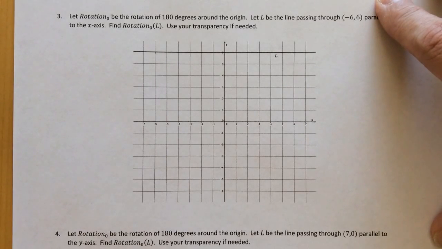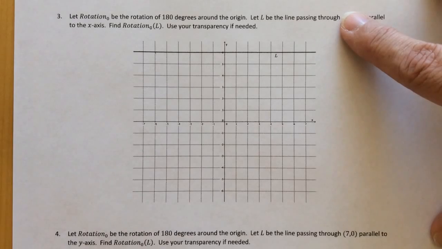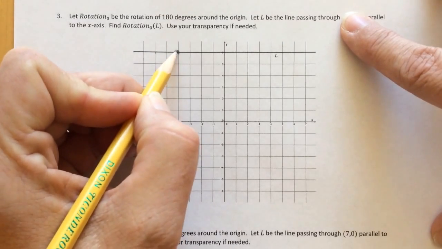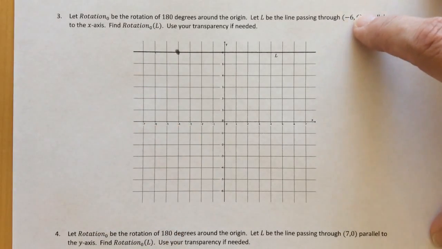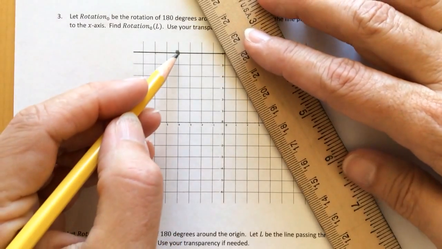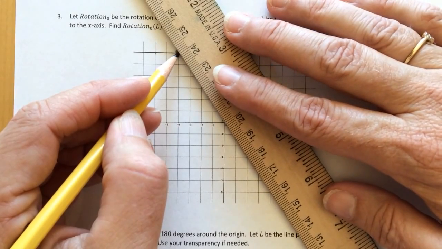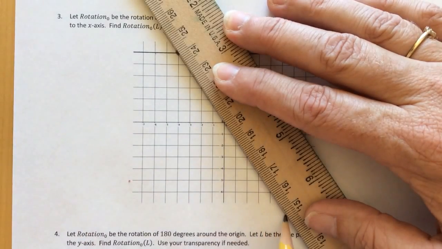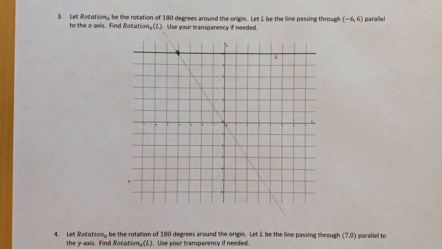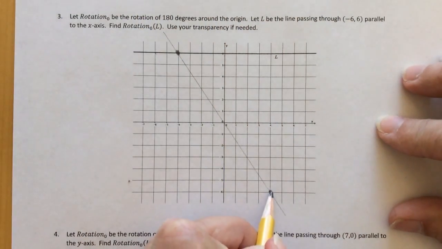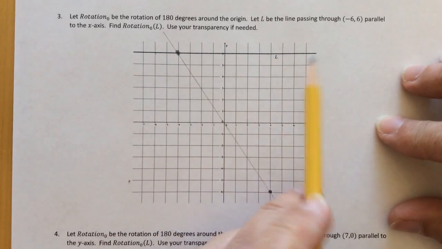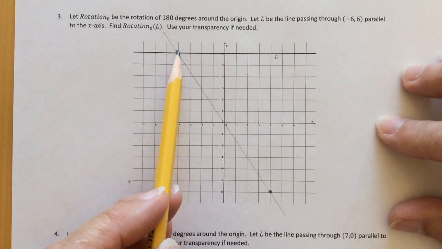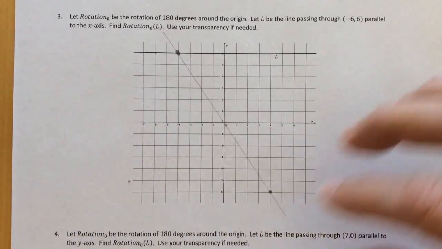If I want to rotate 180 degrees, I could take any point on this line, say I choose this point, and draw a line through the origin. I'm going to find the image of this point, drawing a line through the origin right there, lightly. I know that my rotated line has got to go through this point, and in fact these two points are going to be the images of one another.